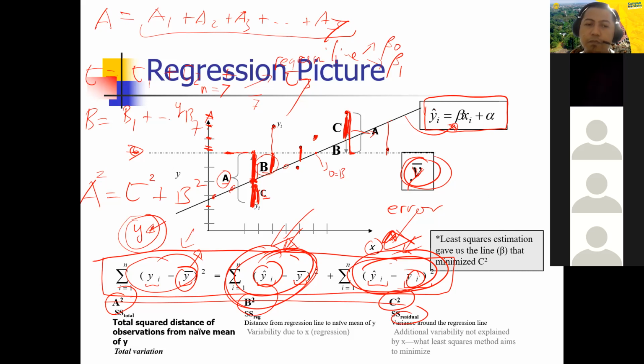Jadi bahwa error yang terjadi di Y, saya ulangi lagi, error yang terjadi di Y itu bisa disebabkan oleh kesalahan atau ketidaktepatan prediktor. Dalam hal ini prediktor apa? Ya komponen B-nya gitu loh. Komponen B, komponen A-nya. Kemudian selain itu, error yang disebabkan oleh variabel lain.